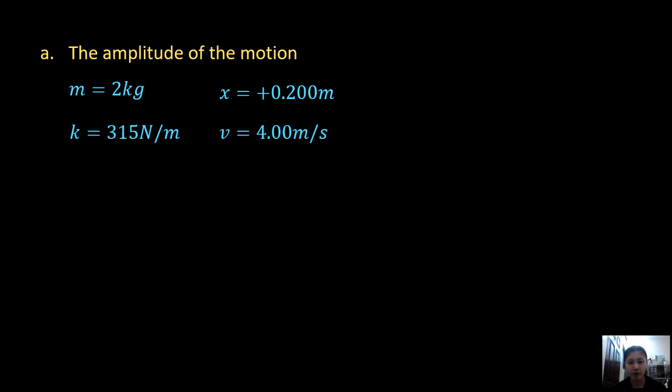We know that the formula for the velocity in simple harmonic motion is v equals the square root of the force constant divided by the mass, multiplied by the square root of the amplitude squared minus the distance squared. So we have to use this formula to get the amplitude of the motion.